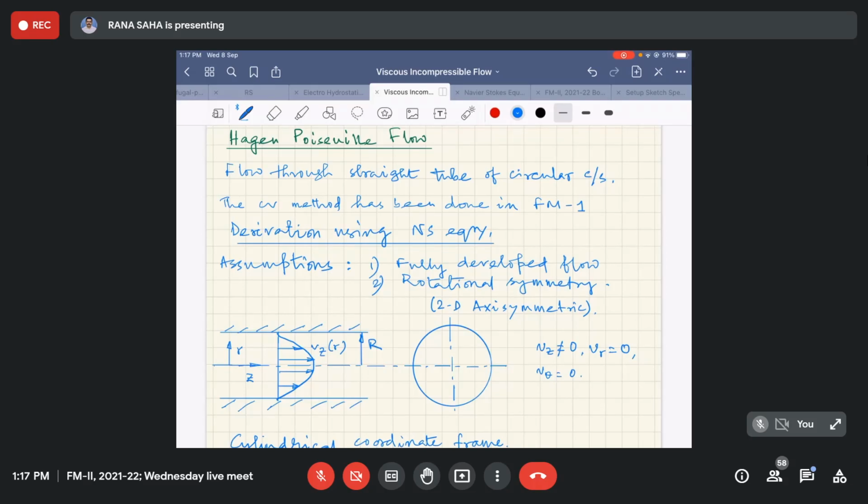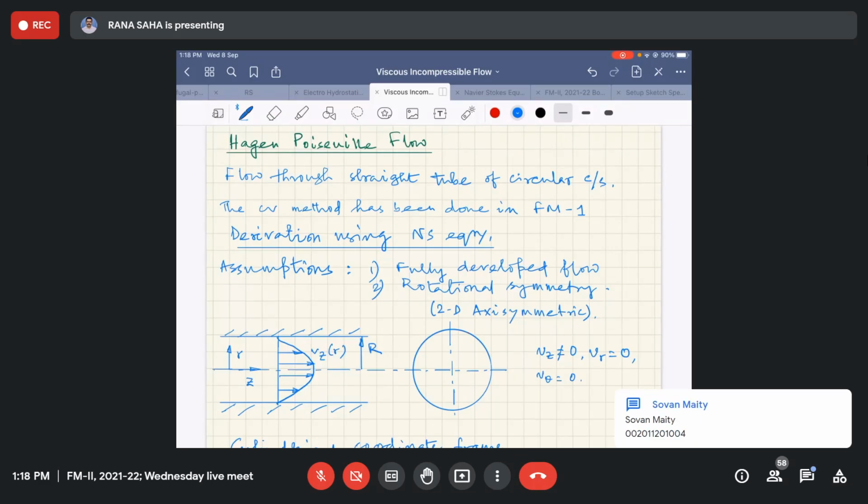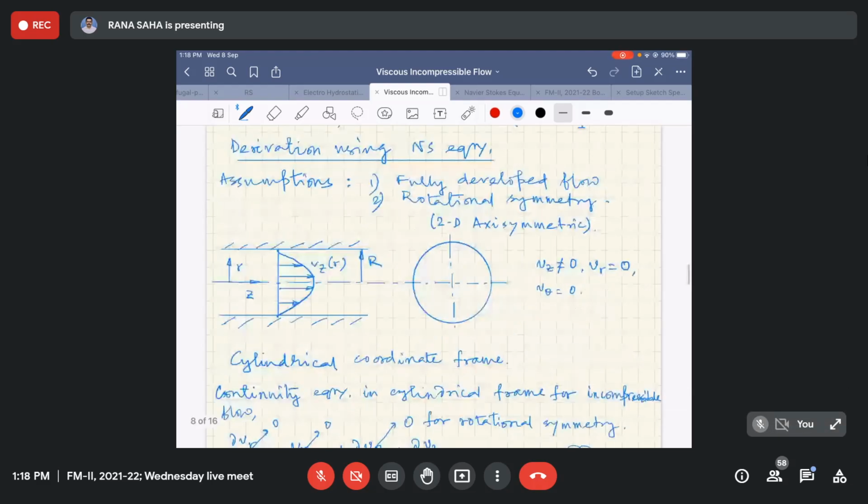And you can decide which one is convenient. At times, application of Navier-Stokes equations may not give you convenience in comparison to the approach of control volume.